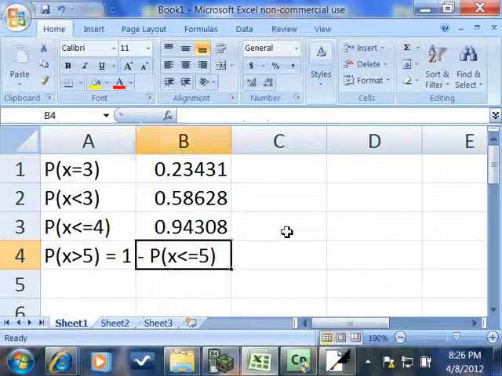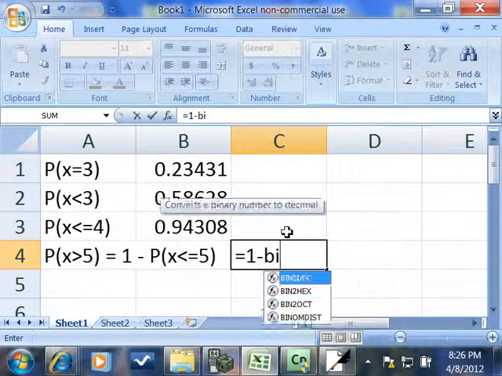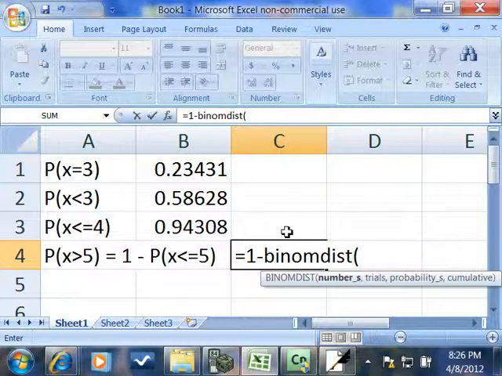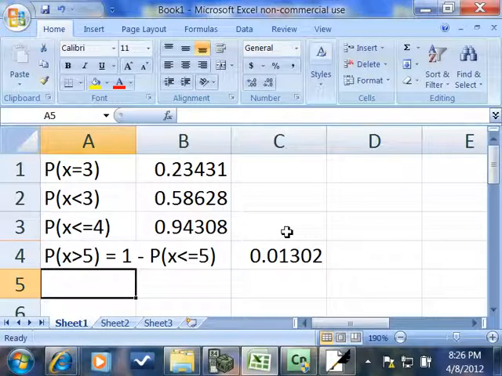So I do equals 1 minus binom distribution, and then the ending number, we're going from 0 up to a number, which would be 5. 10 for our trials. Probability is still 0.23, and cumulative is 1. The only one that's 0 is the first one, where x equals a value. And that'll give us that.